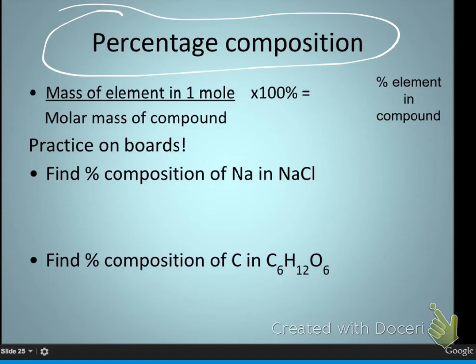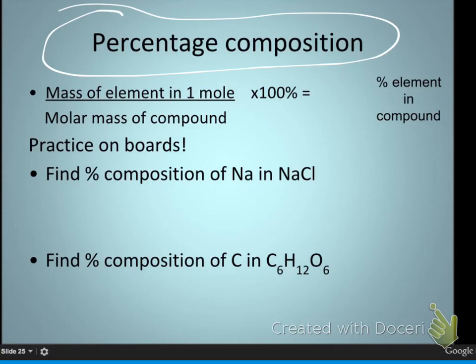This is important mostly in the inverse, because when we find new substances, like the Mars rover programs, you've got these little robots on the face of Mars scooping up chemical samples and running them through a chemical analysis, and it comes back and says this compound found is this percentage iron, this percentage silicon, this percentage oxygen. From that information, you need to be able to derive a chemical formula.